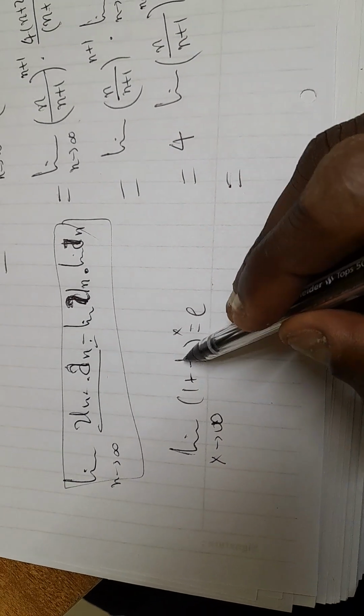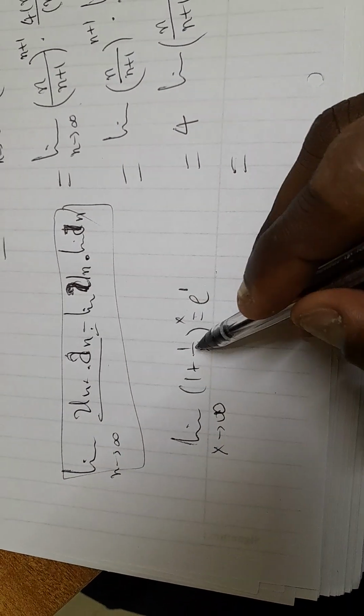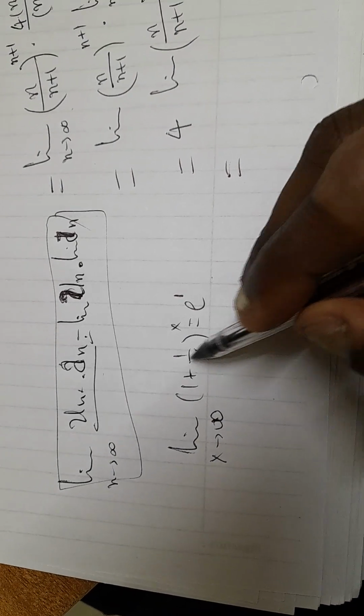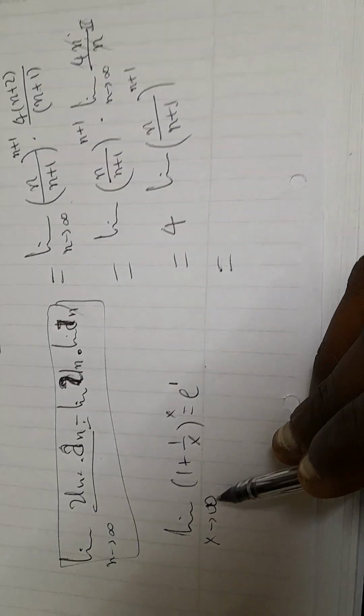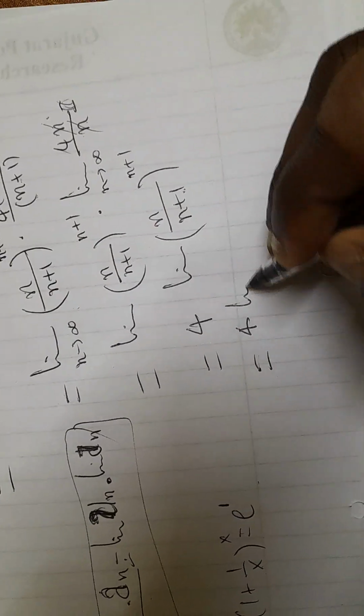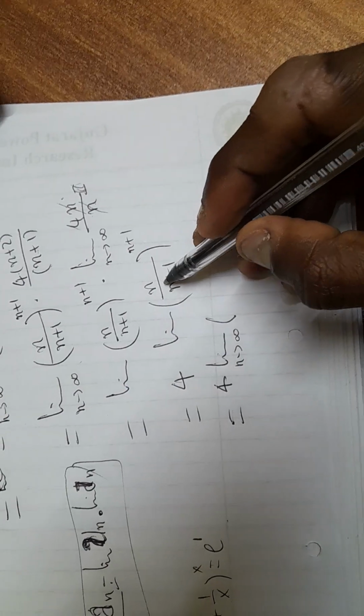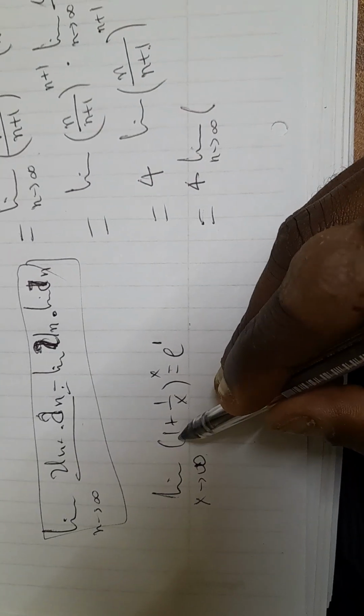So to be e, here this is e to the power 1, and here we have to have this guy inverted in the exponent. We are going to make this one similar to this. So this will be 4 times the limit when n goes to infinity. Here we do not have 1.